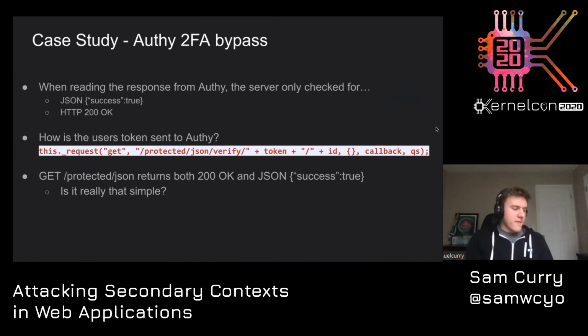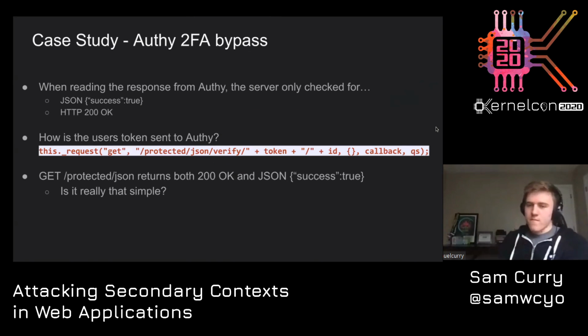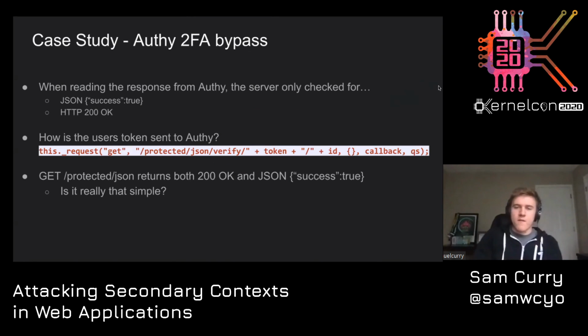You kind of expect, okay, that makes sense, I guess, but how does the user actually send that code? What's interesting is that the user's code is sent in a GET request where they actually get to control a path. So you can guess a little bit of what the user would send in order to trick it into returning 200 OK and JSON success true.